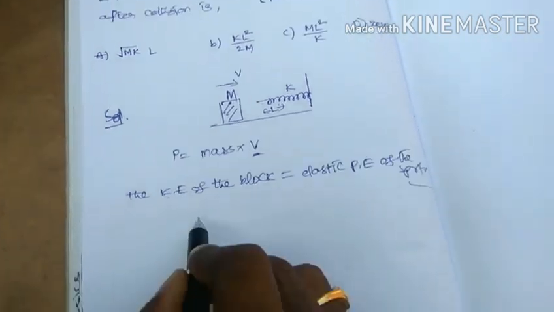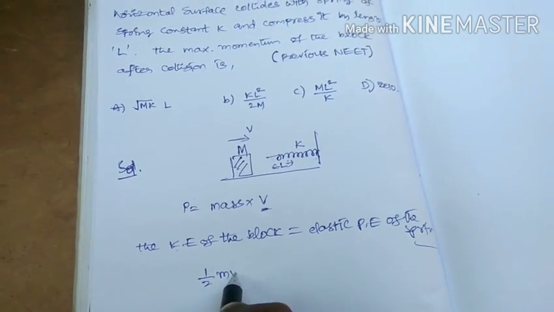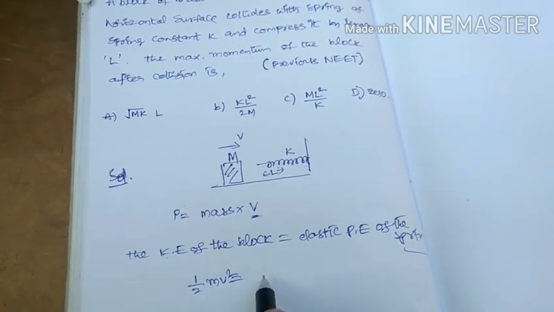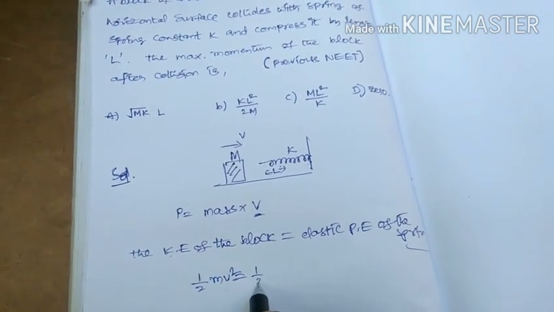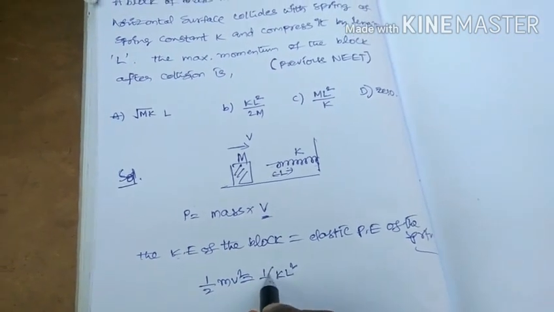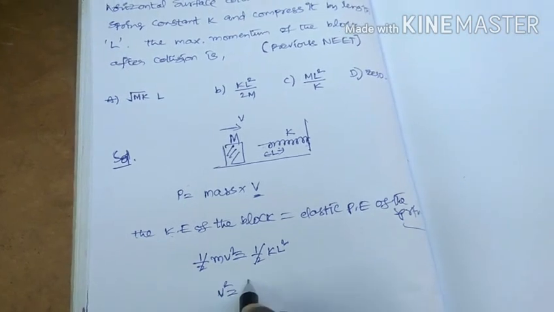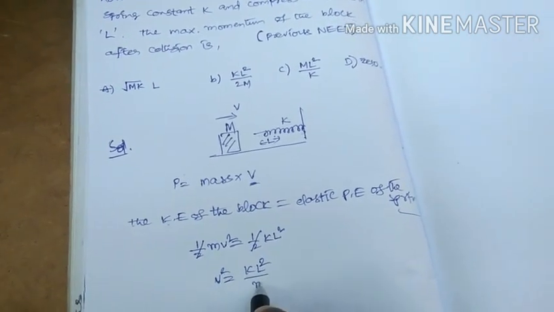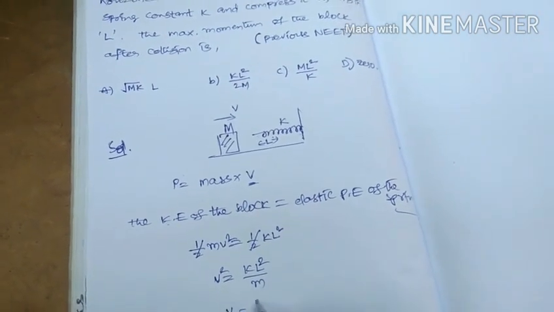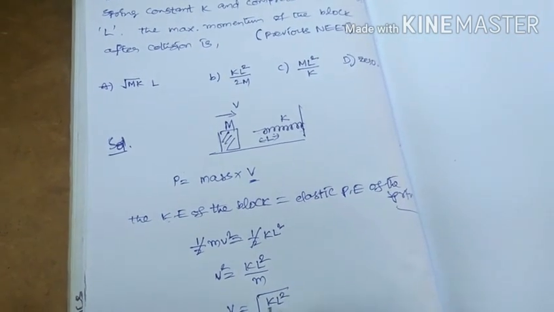So the kinetic energy of the block is 1/2 mv square and the elastic potential energy of the spring is 1/2 kL square. The half will be cancelled out. v square is equal to kL square by m, and v is equal to under root of kL square by m.